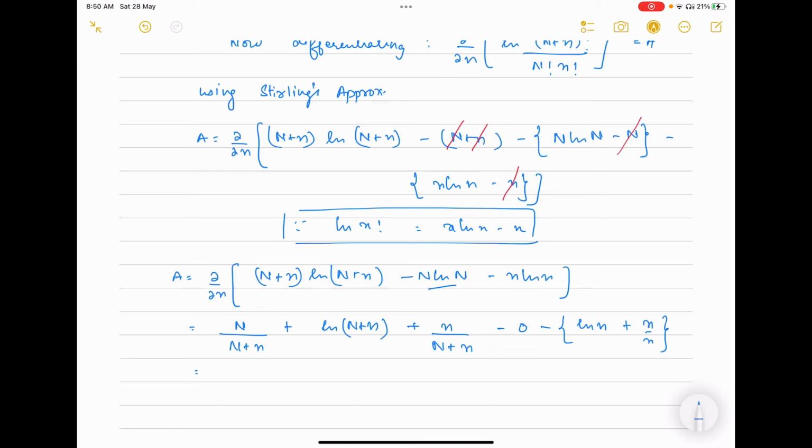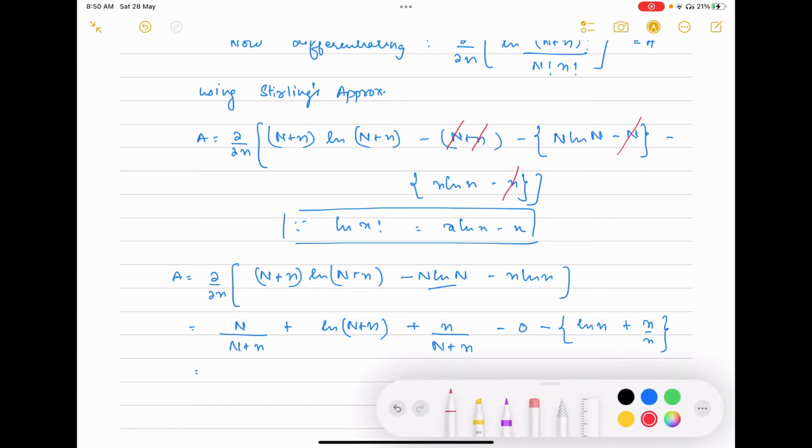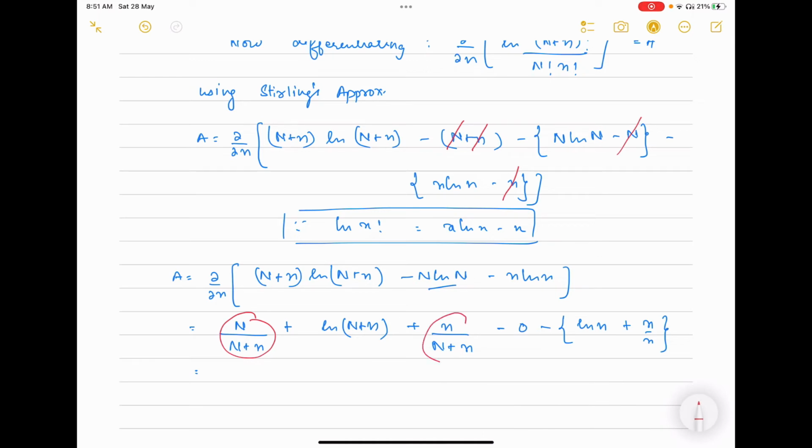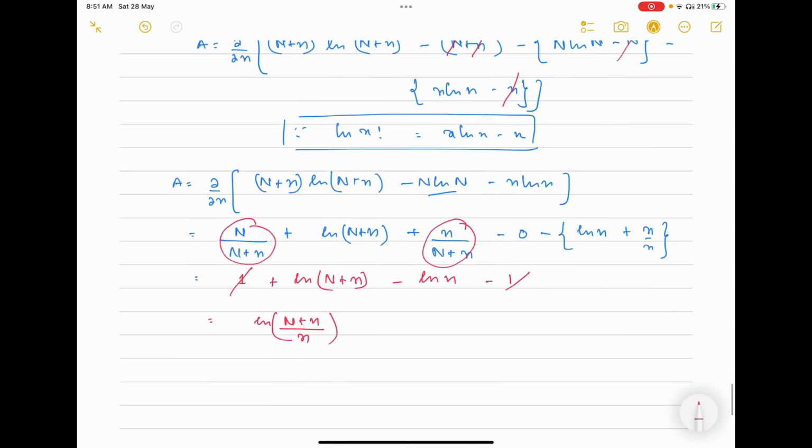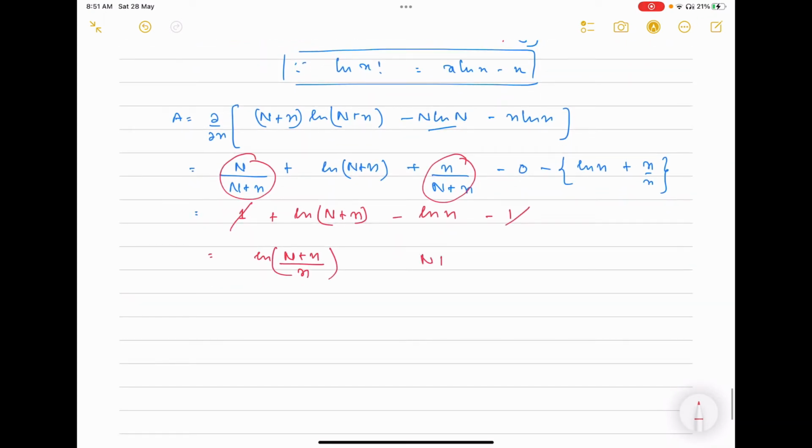So this term and this term add up to give 1 plus ln(N+n) minus ln n minus 1. So this cancels out and it becomes ln((N+n)/n). And since N plus n is almost equivalent to N, this becomes ln(N/n).